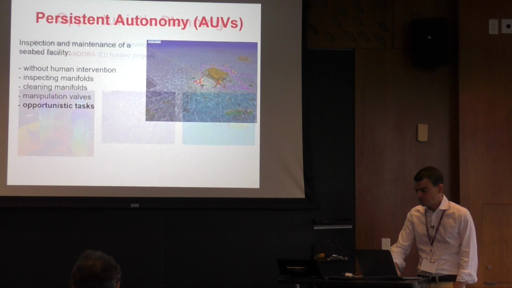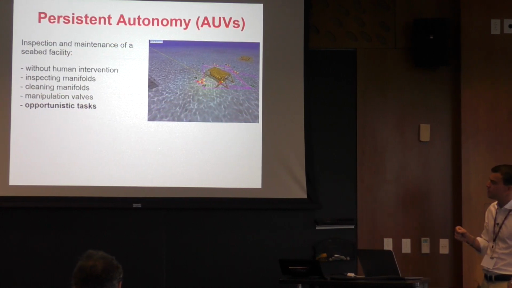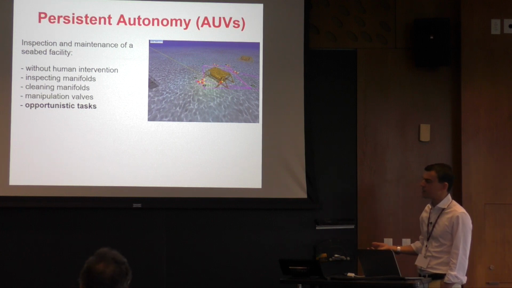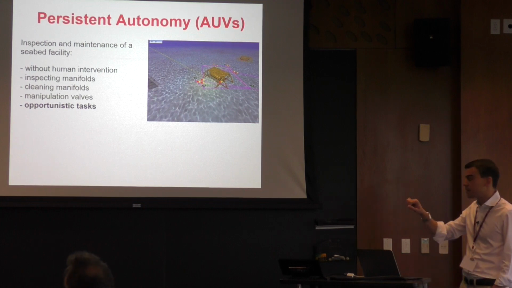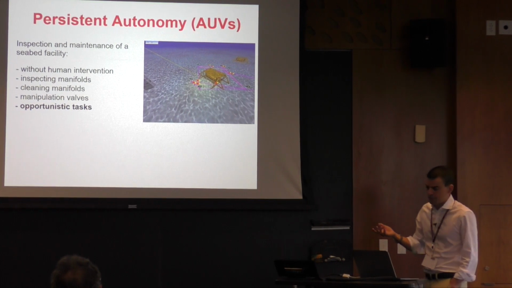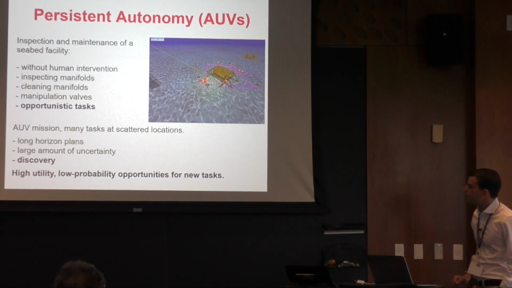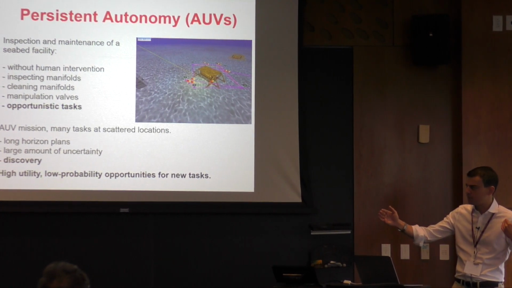In particular, the AUVs are used for these inspection and maintenance missions that involve these kinds of activities. So inspecting structures, cleaning structures, and turning valves, so also manipulation tasks. And there are opportunistic tasks. Now, in an AUV mission, you have to handle many tasks. So you plan for a long horizon mission.